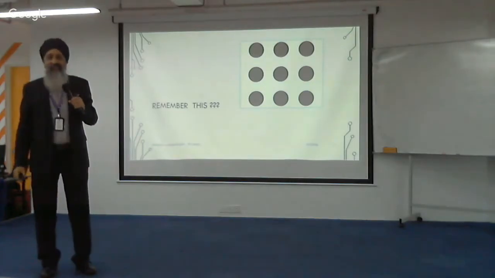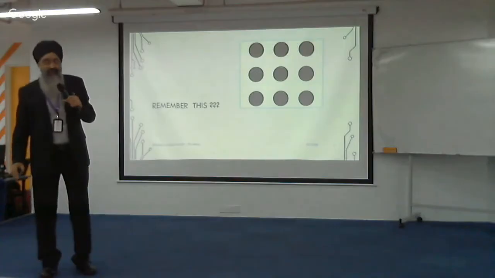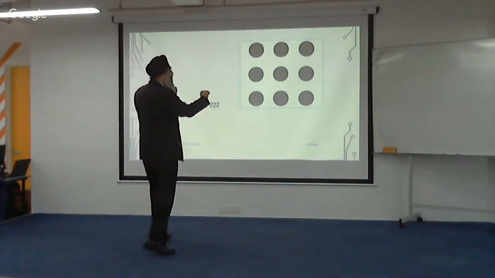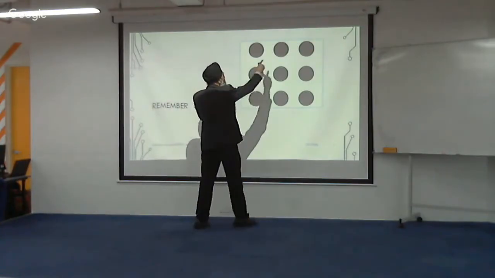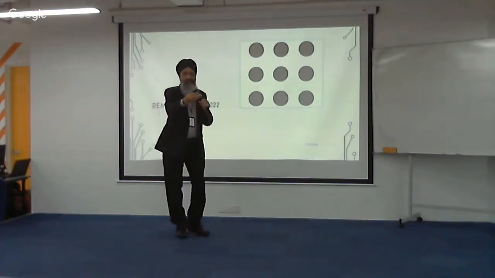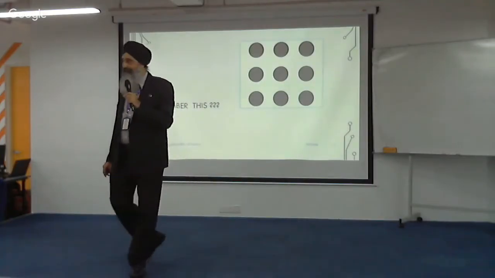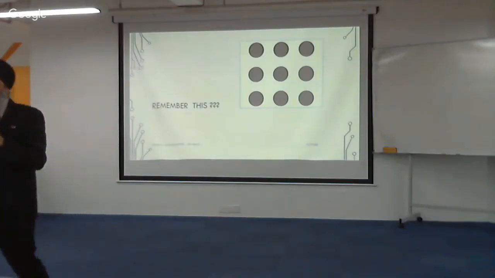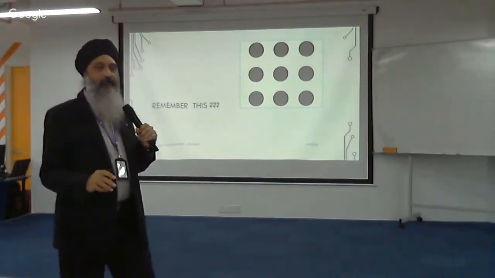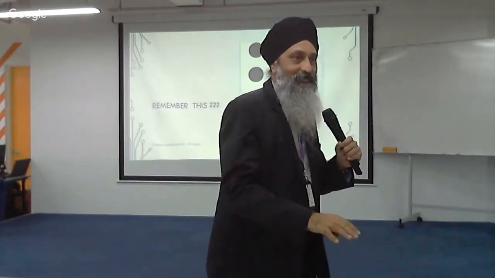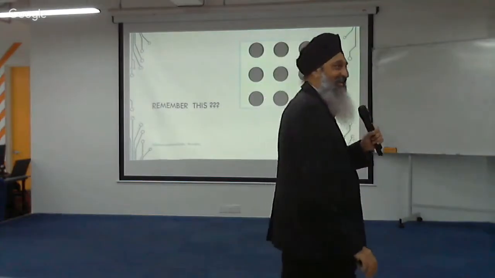This is a little exercise so that you don't fall asleep, you understand? If you take a piece of paper, could you please draw 9 dots on a piece of paper? If you don't have a paper, you can use our tables. They are also white in color, you know.